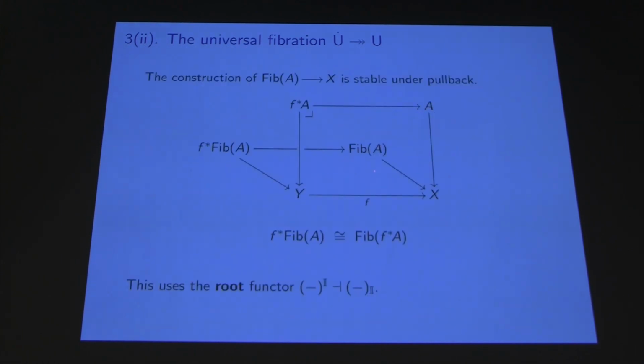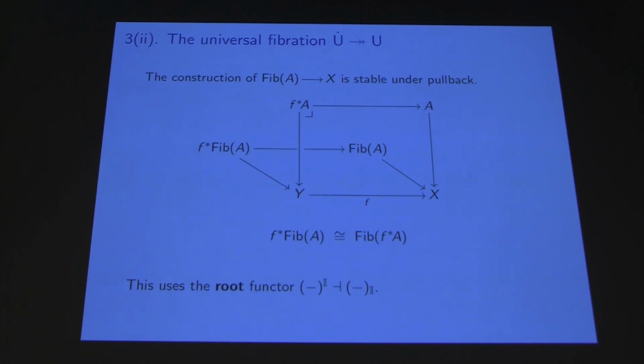Moreover, that classifier is stable under pullback, in the sense that the fibration structures on the pullback are the pullback of the fibration structures. So if this is a pullback, then that thing lying down there is a pullback.